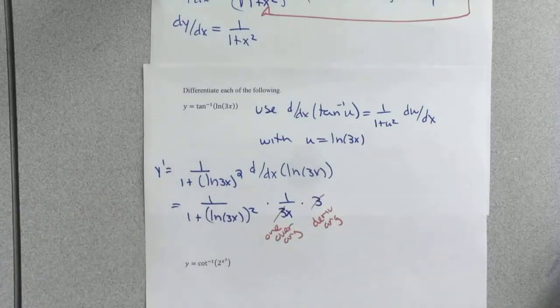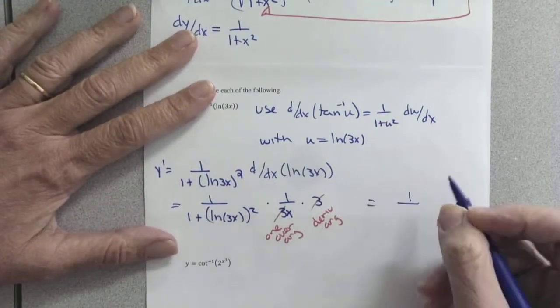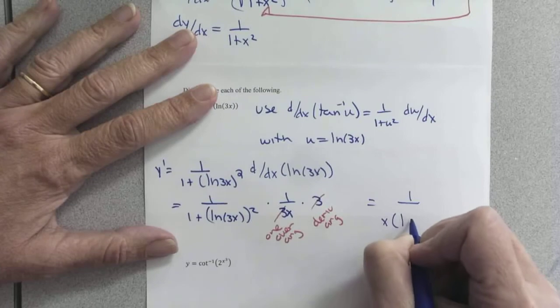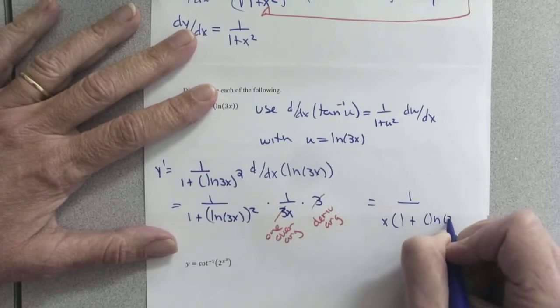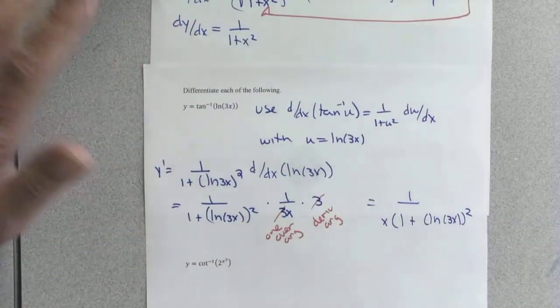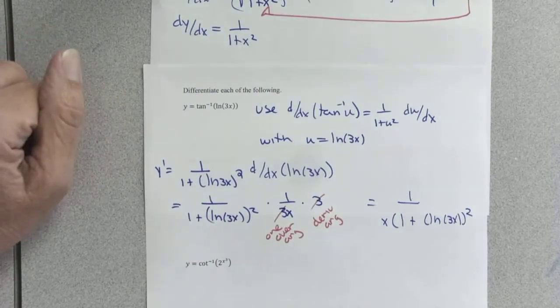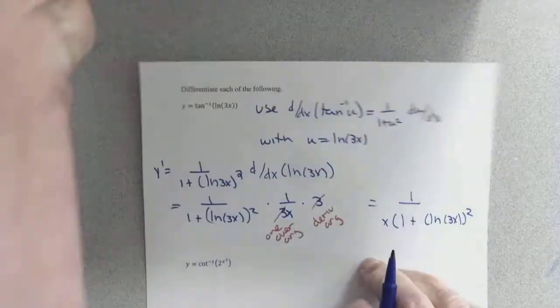Those 3's cancel. And so I get 1 over x times 1 plus the natural log of 3x, quantity squared. And there is no other simplification you can do there.